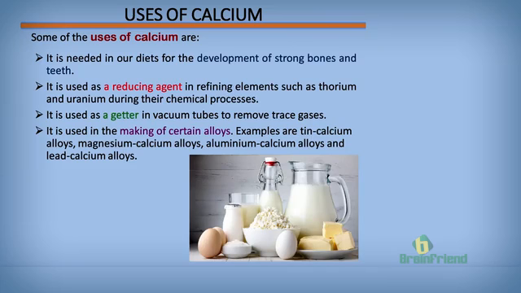Now we'll be looking at some of the uses of calcium. Calcium is needed in our diets for the development of strong bones and what? Teeth. So when we eat certain foods that contain calcium, such as milk, butter, eggs, cheese, these foods are rich in calcium.